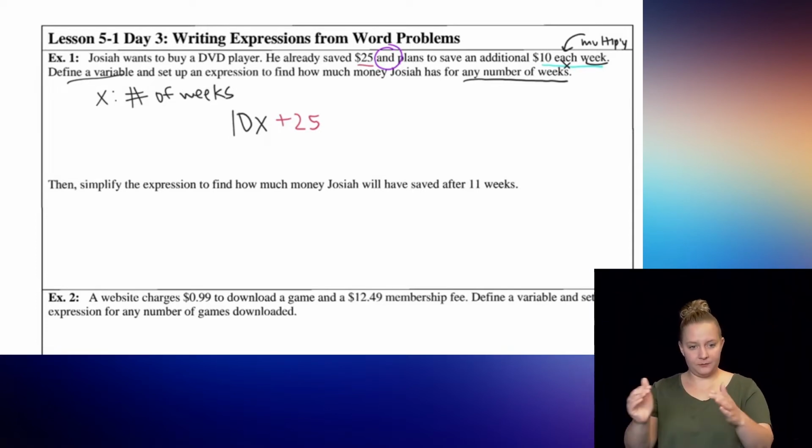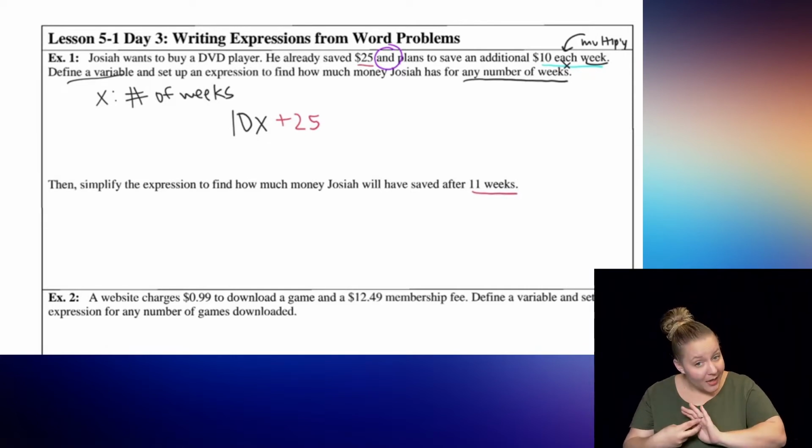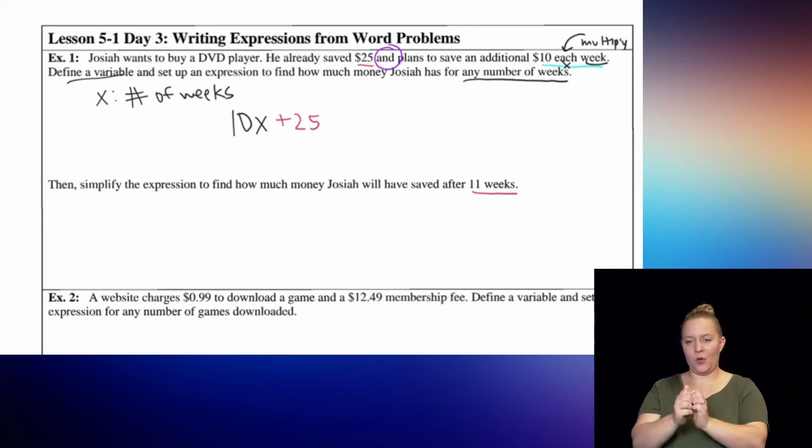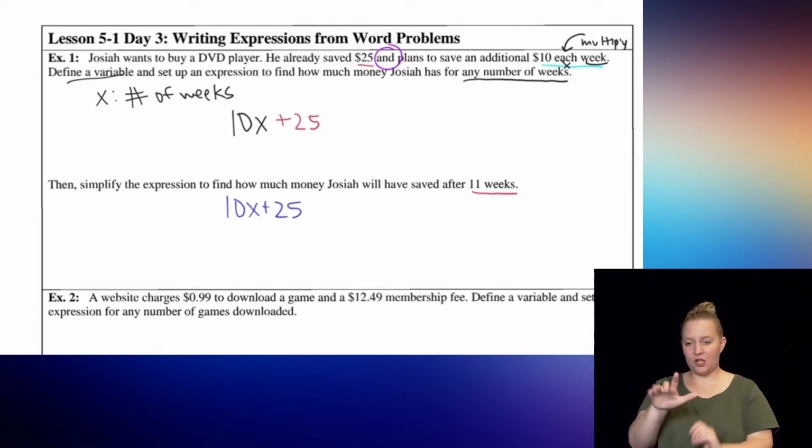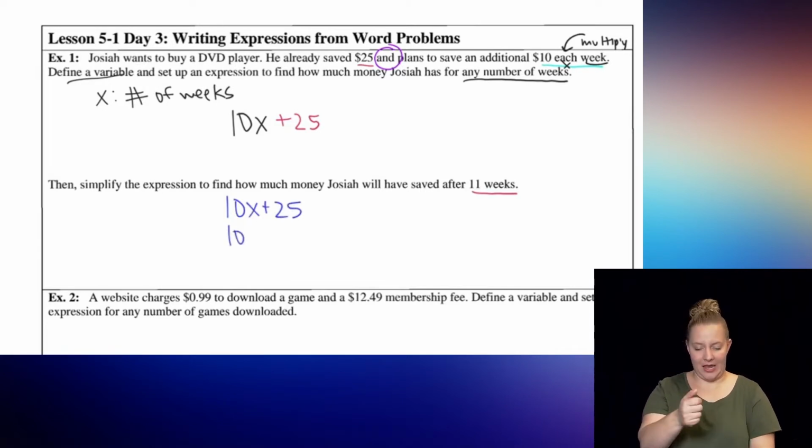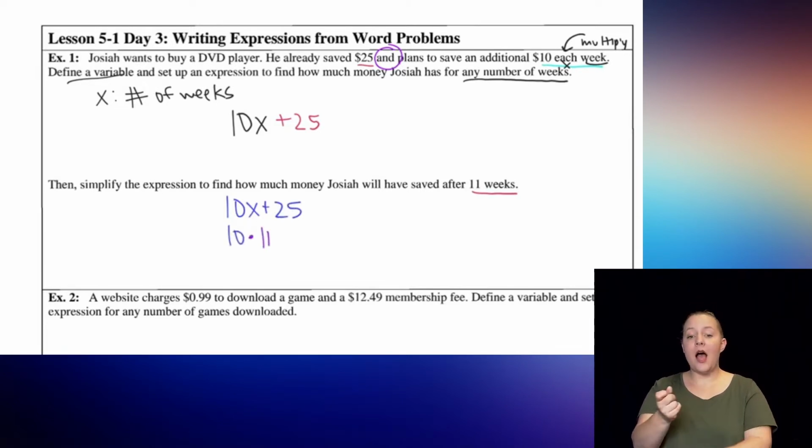Then we're going to simplify to find how much money Josiah will have saved after 11 weeks. So what I'm saying there is that I'm going to replace the x with the number 11. So in our expression, 10x plus 25 instead of x, I'm going to replace it. So I've got 10 times 11 weeks plus 25 and then order of ops.